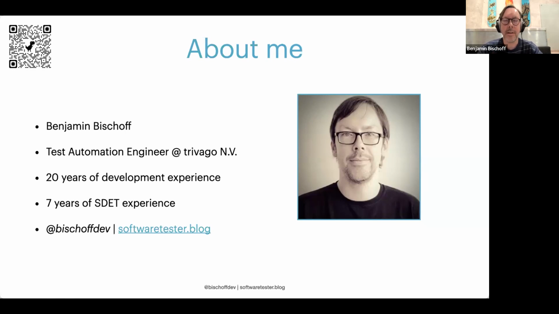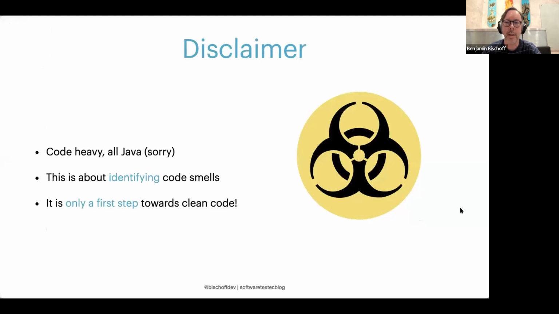I have 7 years of software development in test experience, and in total, I have more than 20 years of development experience, and that's probably why this topic interests me so much. I can be reached on Twitter. You can give me feedback whether you like this or not. @BischoffDev is my handle, and softwaretester.blog is my website where I publish occasional articles.